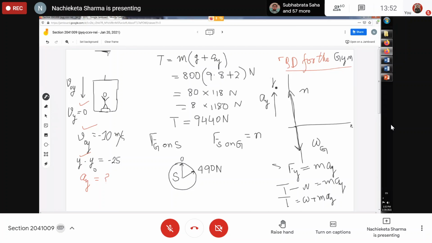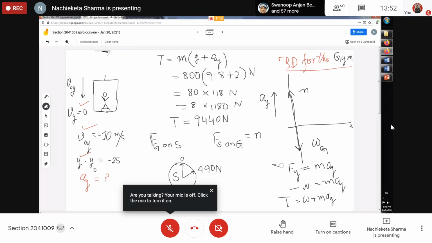And because the acceleration a_y is in the direction upward, the net force must also be in the direction of the positive y-axis. So N minus, now in place of this T, I will write N. So the equation will be the same, only the symbols will be changed.